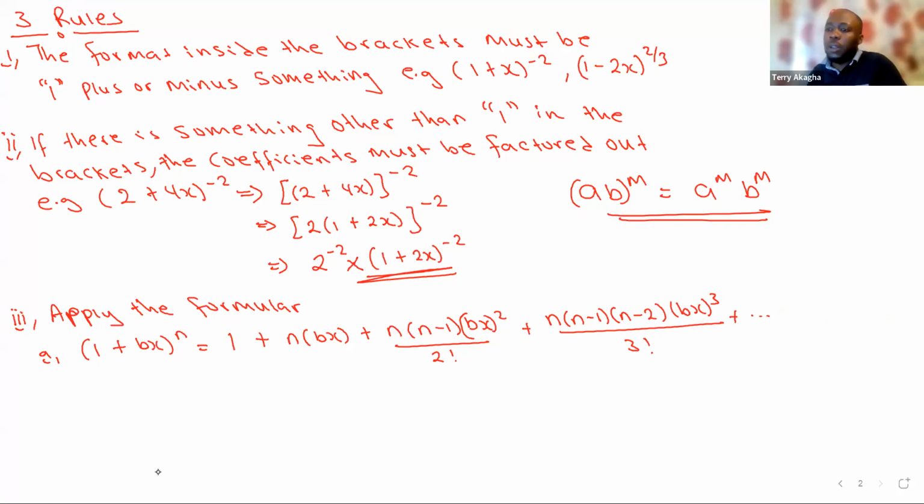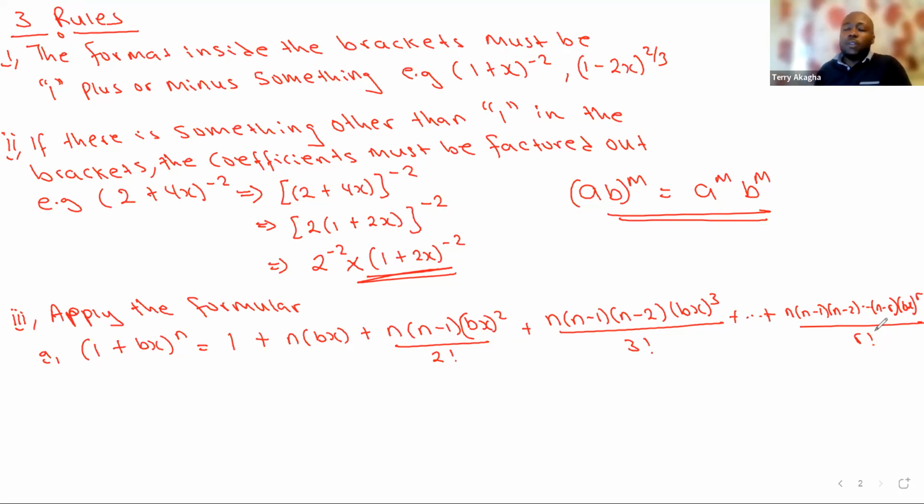So you keep on going all the way to n minus 1, n minus 2, all the way to n minus r, then bx to power of r over r factorial, okay? So you keep on going, it does not stop. So this is going to be all the way to the end.